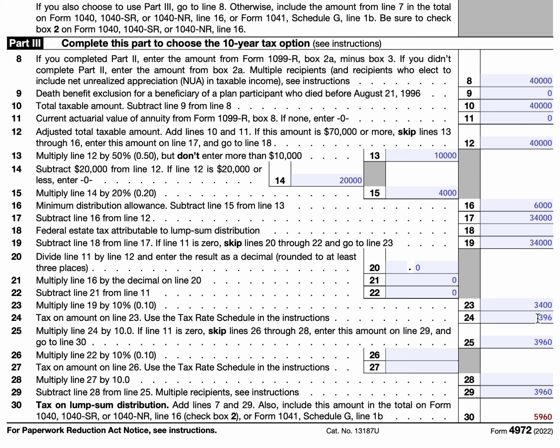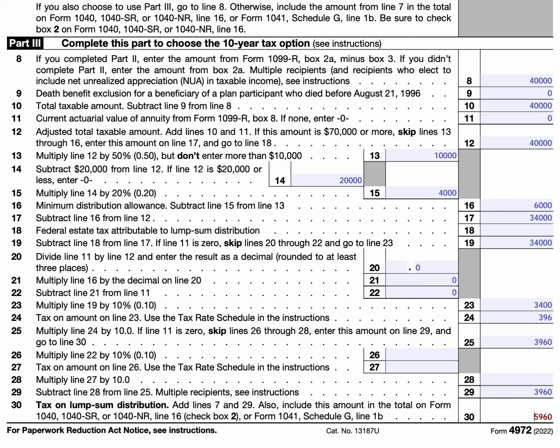And then in line 24, we basically calculate the tax based on the tax rate schedule. So in the form instructions, following that schedule, we arrive at $396. So we'll multiply this amount by 10. And then since line 11 is 0, we're going to skip lines 26, 27, and 28.